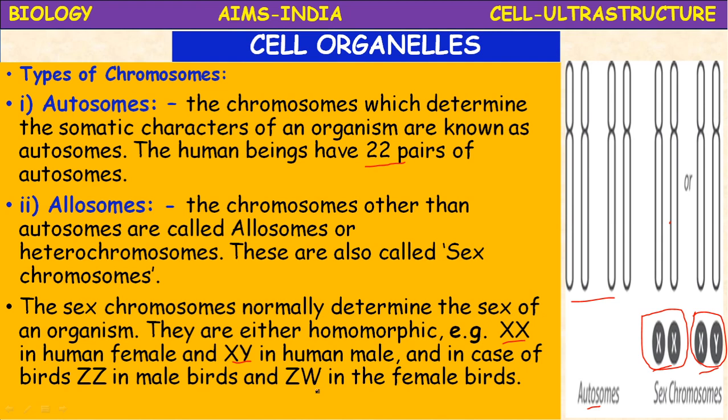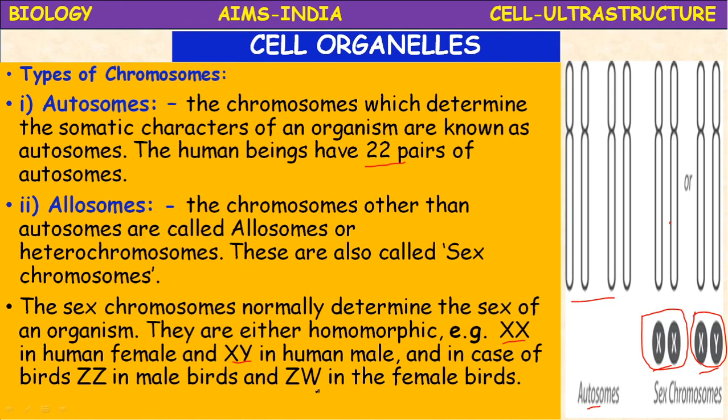So the types of chromosomes are two types, autosomes and allosomes. Autosomes are also called somatic chromosomes. They represent the somatic characters. In human beings, 22 pairs of autosomes are present. They represent the vegetative characters. Allosomes are the chromosomes which represent the reproductive characters. Allosomes are heterochromosomes, also called the sex chromosomes.